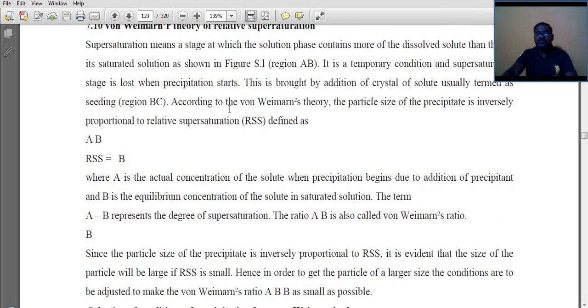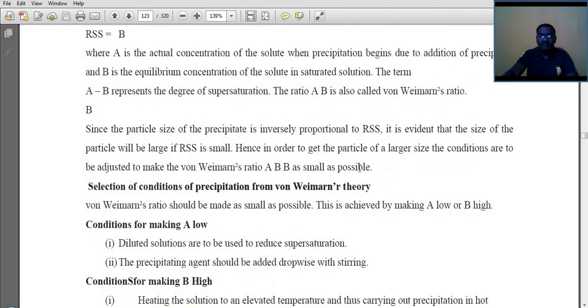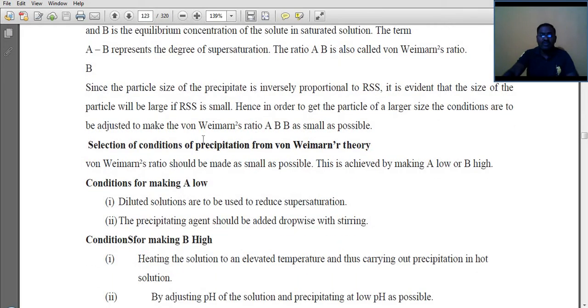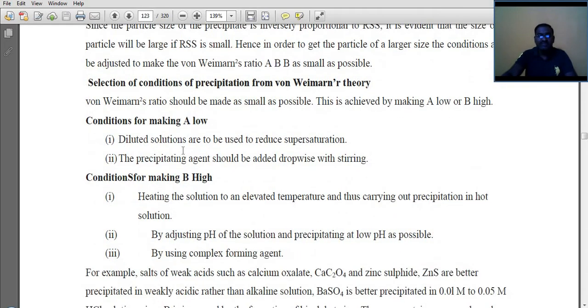The relative supersaturation is defined as the ratio (Q minus S) over S. These are all the selection conditions of precipitation from von Weimarn's theory, in which the ratio should be made as small as possible.